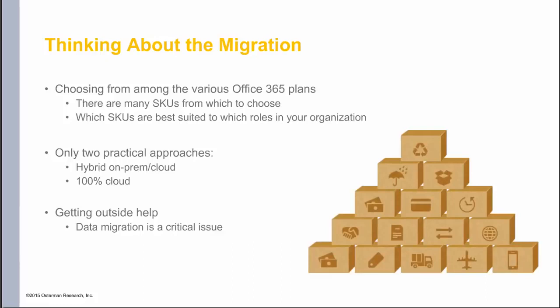And what we found in our research is that more than a quarter of organizations are going to stay long-term with a hybrid environment. You can move some or most of the on-premises capabilities to Office 365, but in many cases it makes sense to retain some capabilities on-premises. For example, almost all organizations should retain an Active Directory server and all of the tooling for managing users, but other capabilities for various types of purposes might also be retained on premises over the long term.